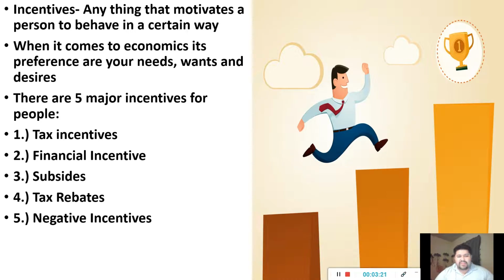Desires are things that are almost impossible to obtain, but a want is something you could get eventually, maybe more later than soon, but still, you could get it. Now, there are 5 major incentives: tax incentive, financial incentive, subsidies, tax rebates, and negative incentives.